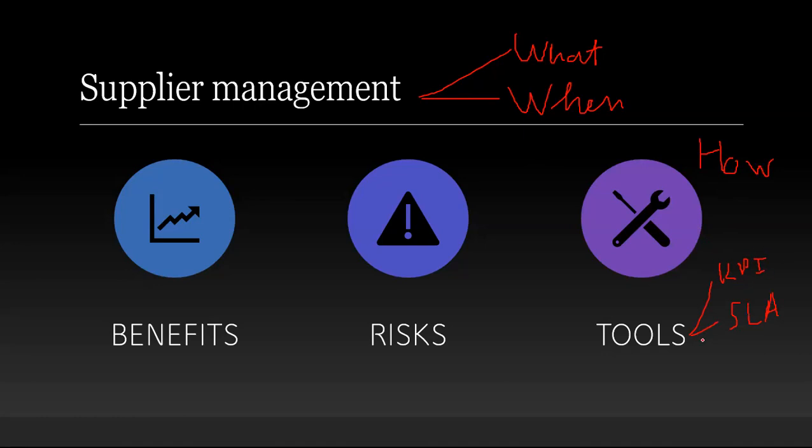Besides the KPI and SLA, we also have the meeting, regular meeting, and irregular meeting. Brief on how they are performing and how they can improve.